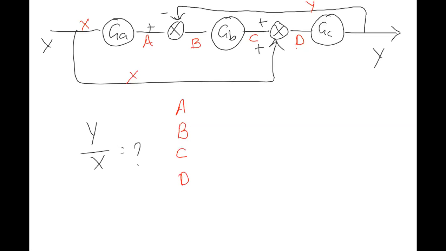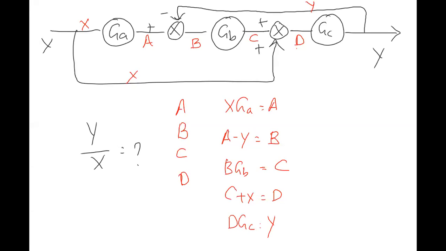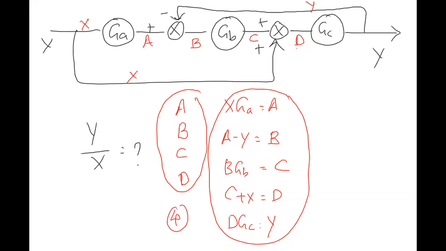So how many equations can you write? X into GA is equal to A. A minus Y equal to B. B into GB equal to C. C plus X is equal to D. D into G is equal to Y. Remember one thing: my number of variables is 4, my number of equations is 5. This is an indication that the problem is going in the right direction. If you have made a mistake, you will end up having 6 or 7 equations or 4 equations.